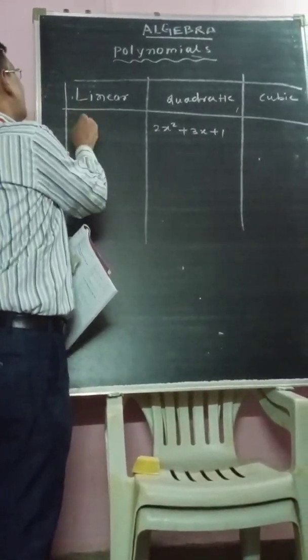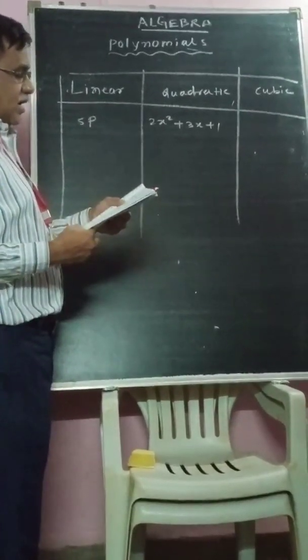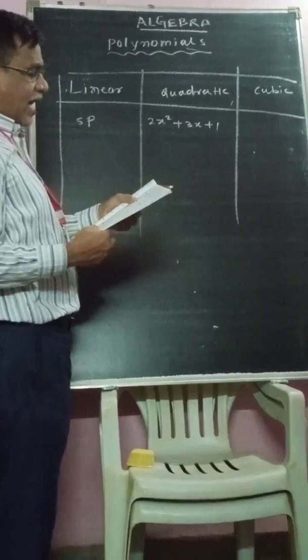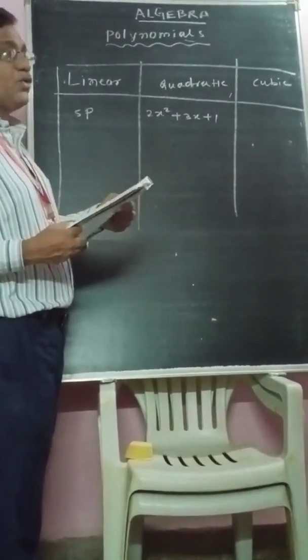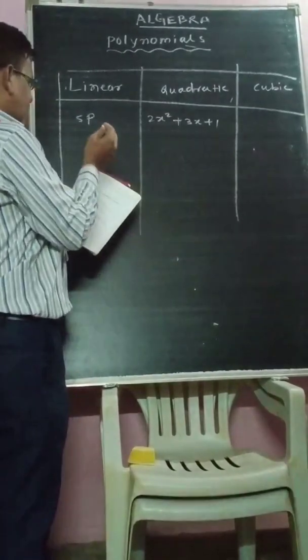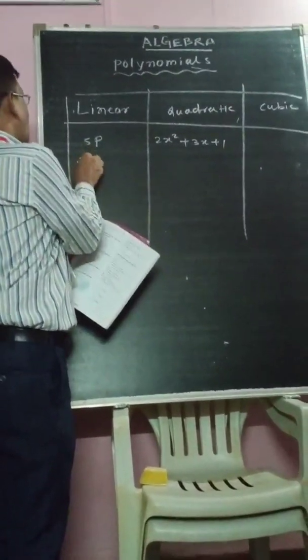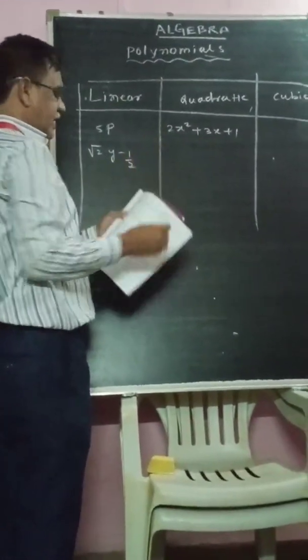Highest power is 1. That is called linear. 5p is a linear polynomial. Now root 2 y minus 1 by 2. Root 2 into y means y power 1. It is linear. Root 2 y minus 1 by 2, this is also linear.